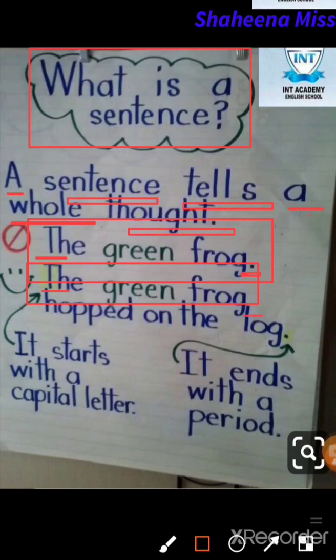So the sentence starts with a capital letter and ends with a full stop or a punctuation mark. You know punctuation also very well. We are just bridging our knowledge for our new year's study. Before starting with our textbook, we have to bridge our knowledge.